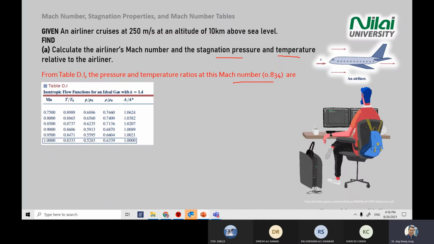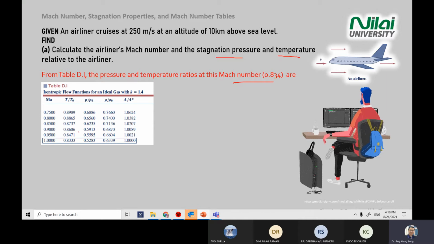Okay, so if you refer to appendix Table D1, it has a table with the isentropic flow functions.